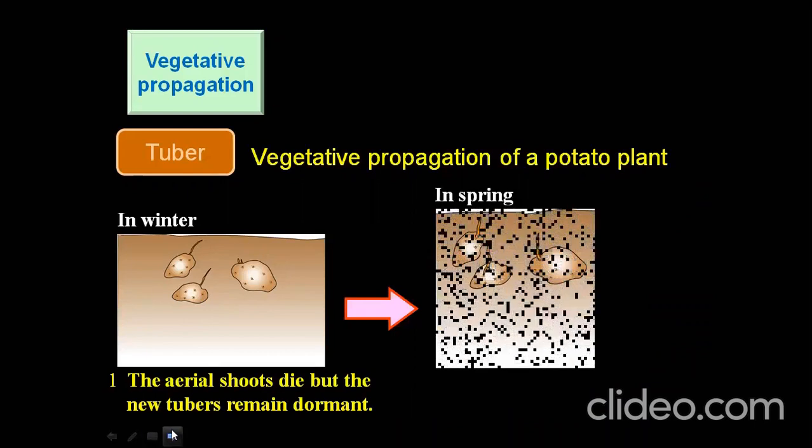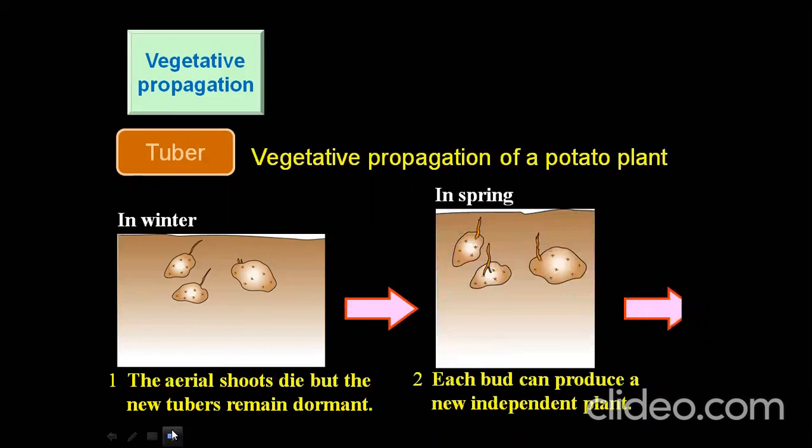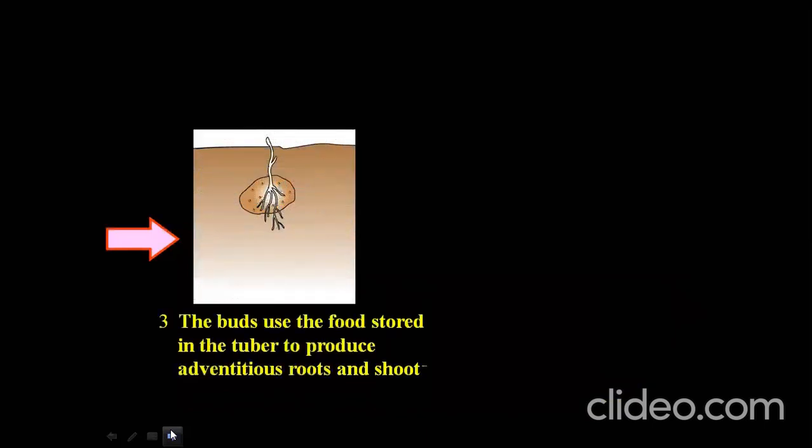Now in spring season, each bud can produce a new independent plant. You can see here from each bud new independent plants are developing. The bud uses the food stored in the tuber.